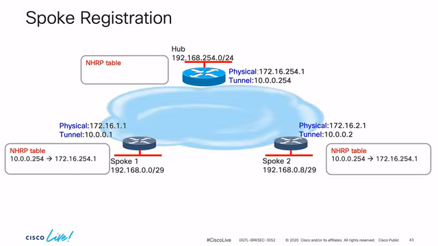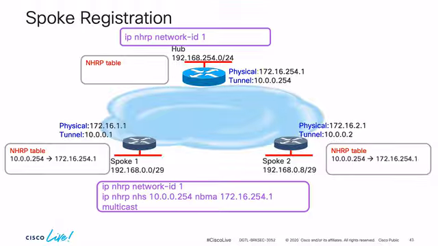Once you define the IP NHRP network ID on the hub, and define the same network ID on the spoke, and you have the static mapping for the NHRP entry for the hub, then when the tunnel interface comes up, the spoke takes a look at the NHRP table.